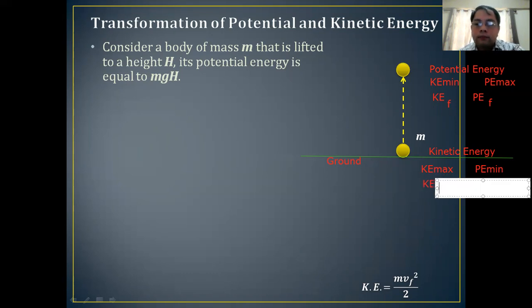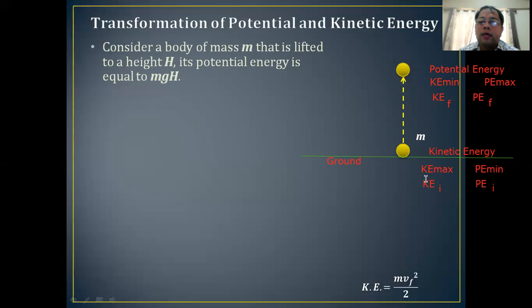Now you will realize that if we add these values together, you will get a total value of the energy at the bottom, and if we add up the energy also at the top, you will see that the sum of the energies at the top and at the bottom is always the same.